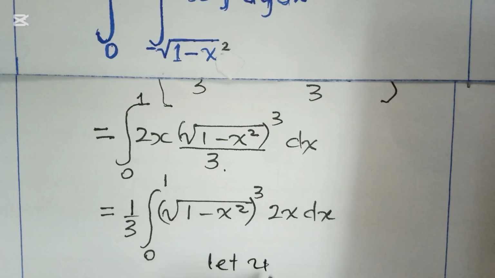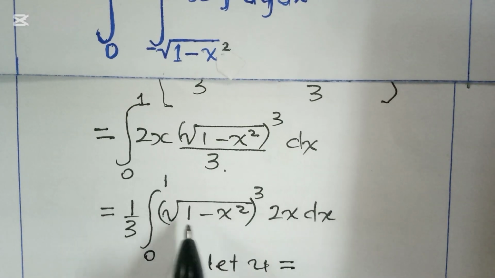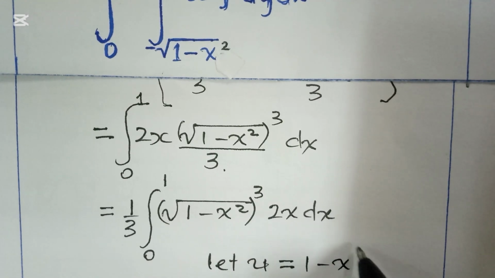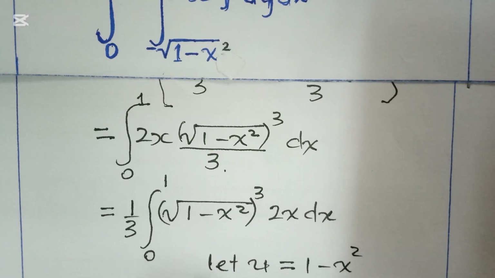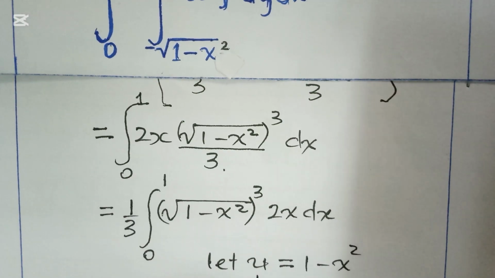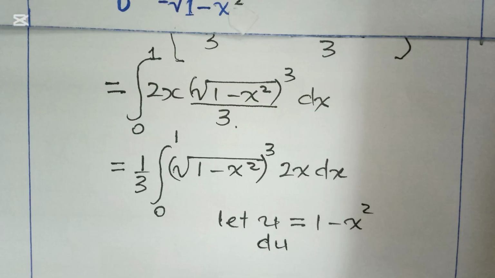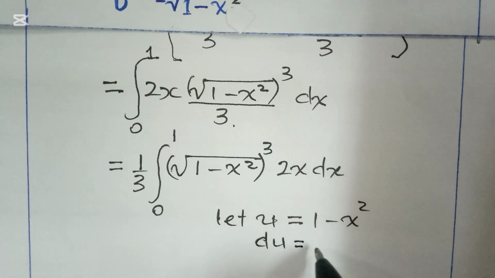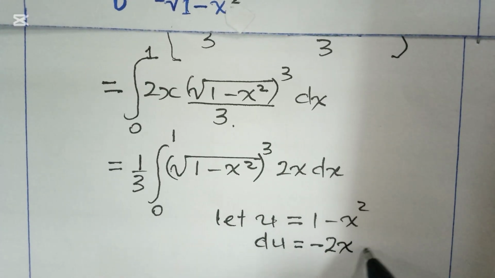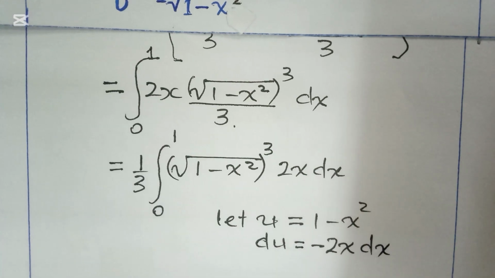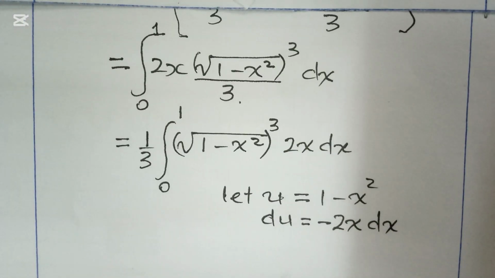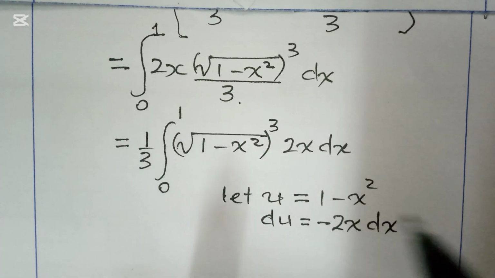Now I can say let u be equal to 1 minus x squared, so that du will be equal to minus 2x dx. After that, we can do the necessary replacement.